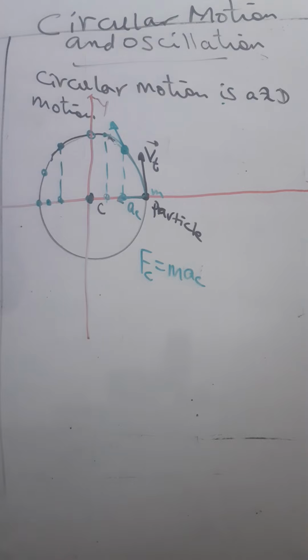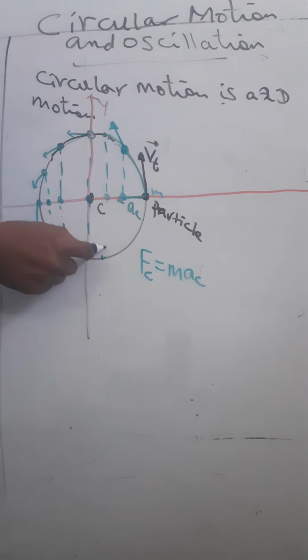Like the shadow is going to be under our feet when we stand and the sun is overhead. It is a circular motion, so it continues, circulating with a tangential velocity vt. So when it is here, you can see the same shadow at corresponding positions.